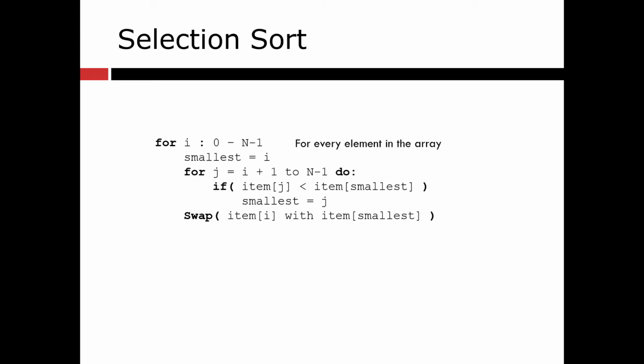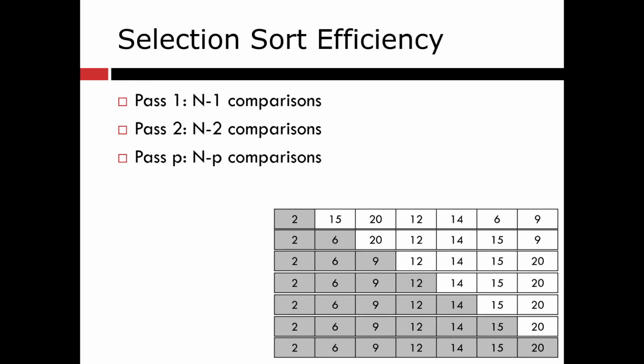Right, so again, this is the basic idea behind selection sort: for every element in our array, we're going to find the smallest unsorted item and then swap it with the current position. That's the basic idea. So again, when we're talking about comparisons, we're talking about n-1, n-2, n-3, and so on.